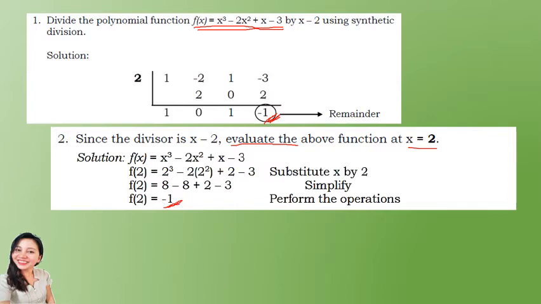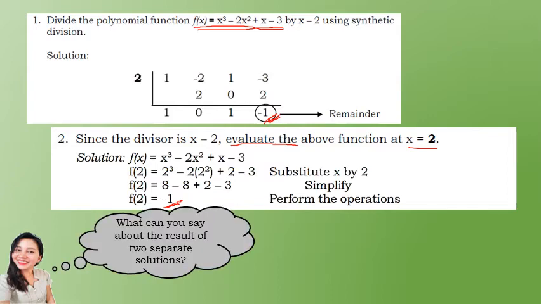Now, what can you say about the result of the two separate solutions? You may notice that when this function was divided by x minus 2, the remainder is negative 1.